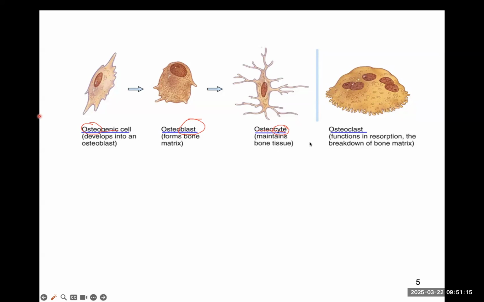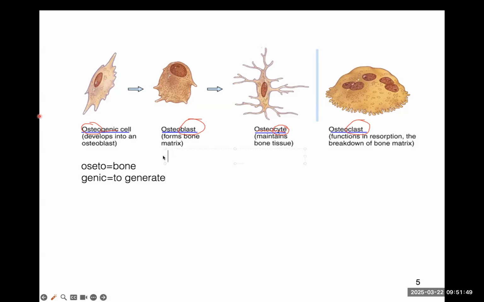The last one is the one that you haven't seen before. This one is called osteoclast. Clast means to break down. So let's go ahead and write all these down. Osteo means bone, and then genic means to generate.